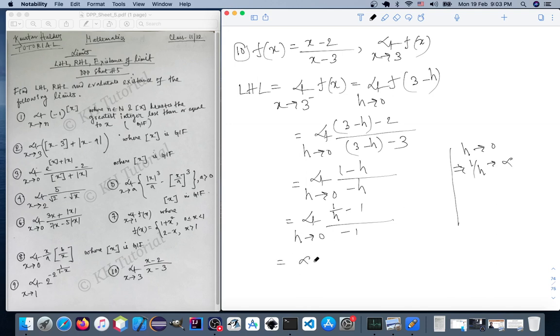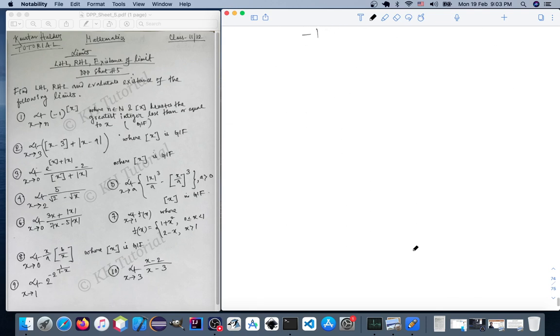This is infinity minus 1 divided by minus 1. This is minus infinity. Okay, let's see the RHL.